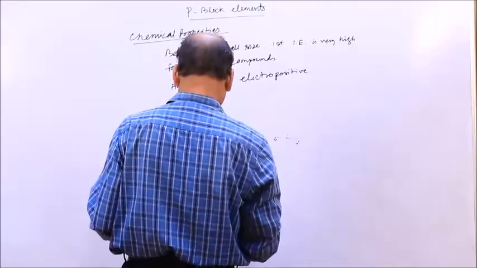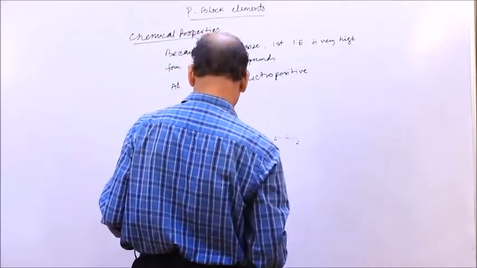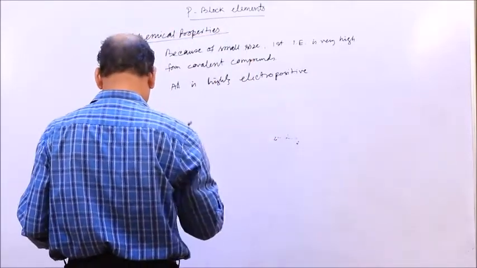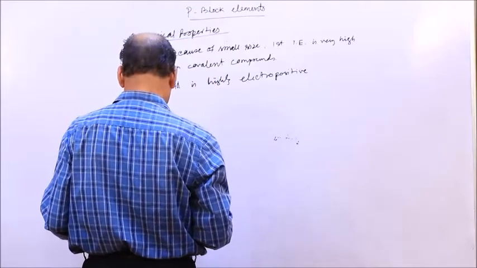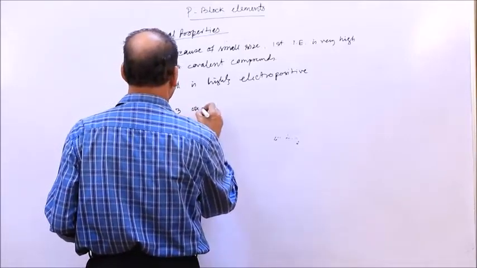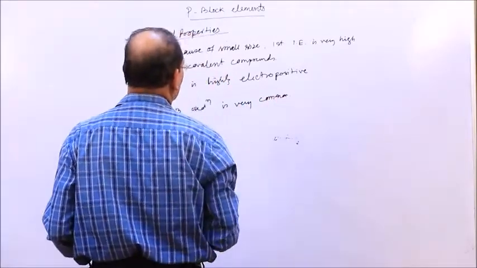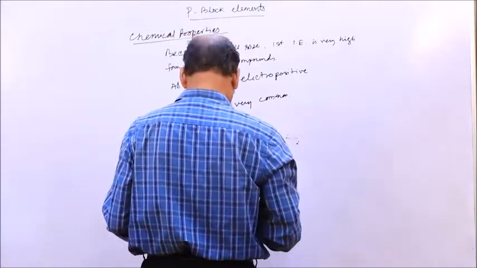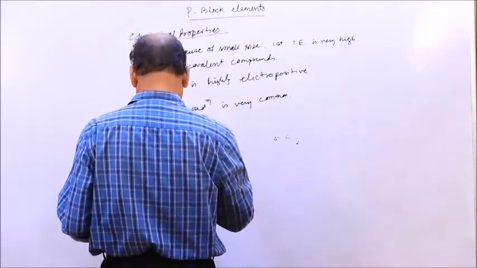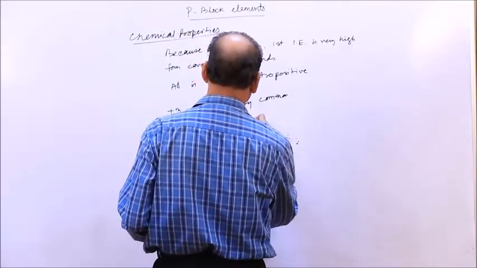Down the groups, due to the shielding effect of d and f orbital configurations, the effective nuclear charge increases. So the +3 oxidation state is very common, and they form trivalent compounds, such as boron trichloride and aluminum chloride.